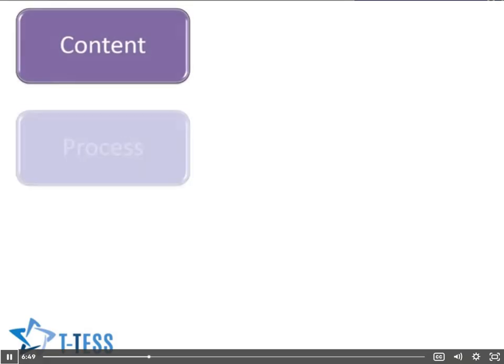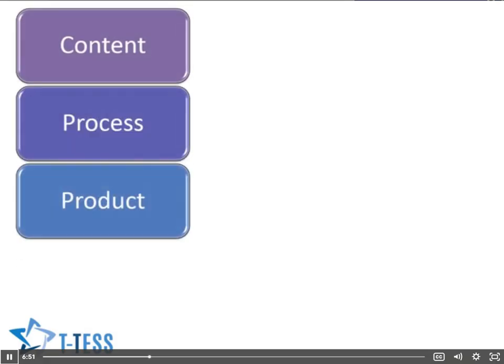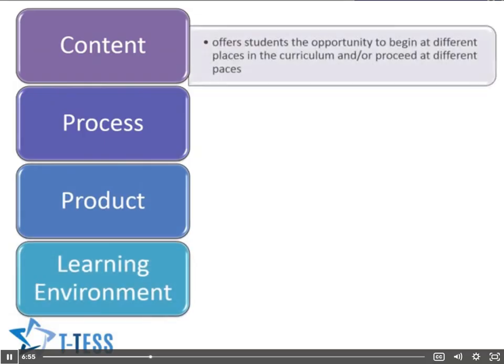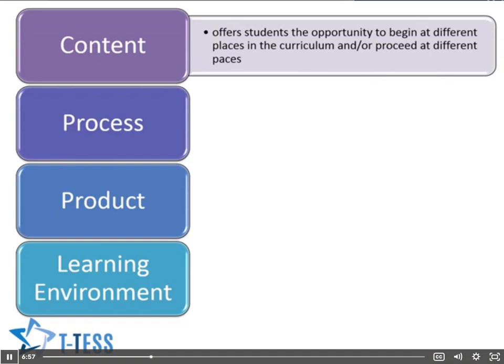Differentiation may include adjustments in content, process, products, or the learning environment. Differentiation of content offers students the opportunity to begin at different places in the curriculum and/or proceed at different paces.